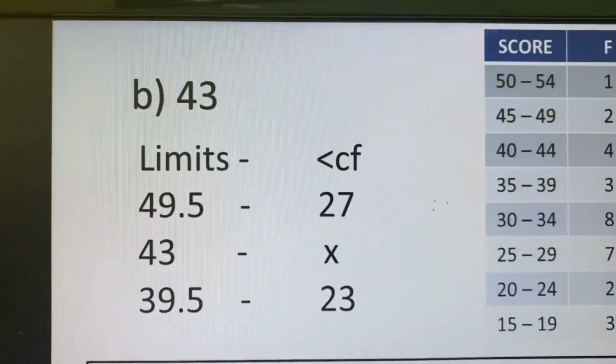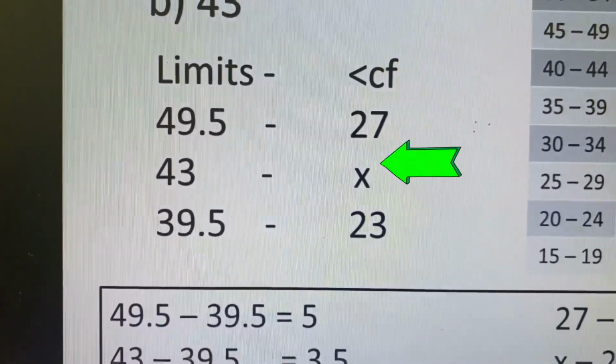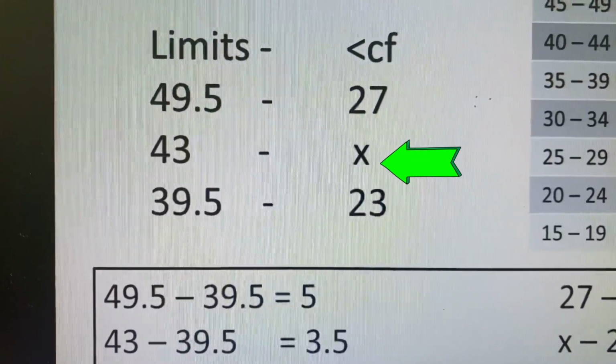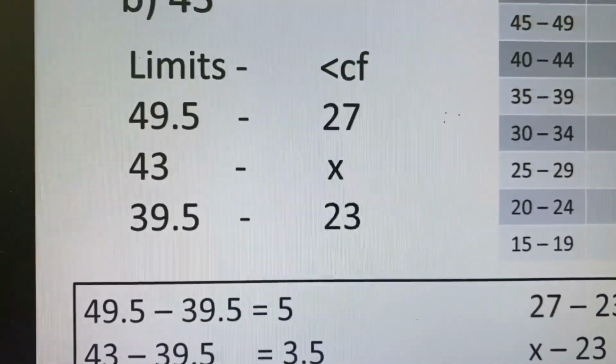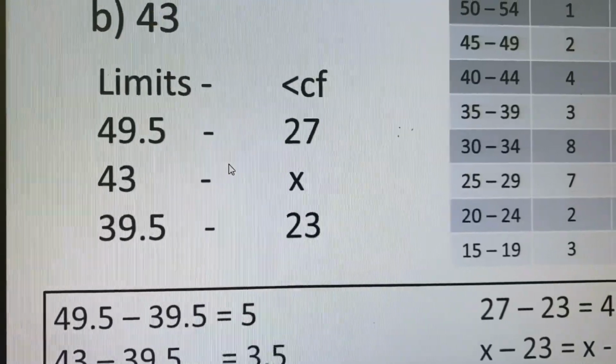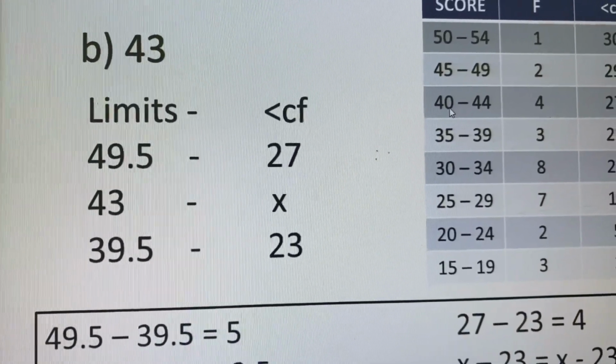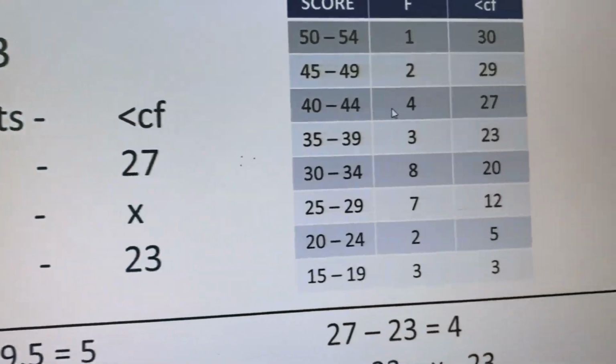So letter B, the score is 43. So first assign 43 as X as the cumulative frequency. And then 43 is in this class interval here, 40 to 44.